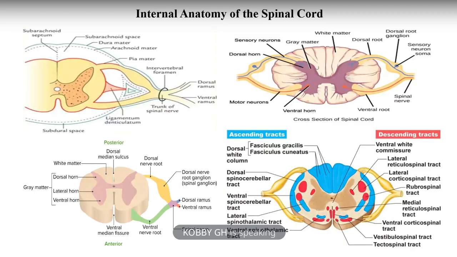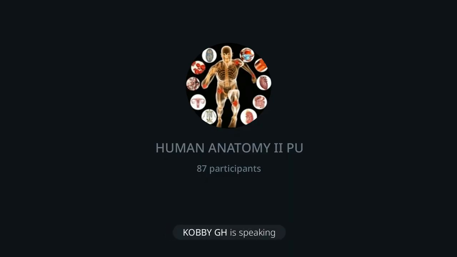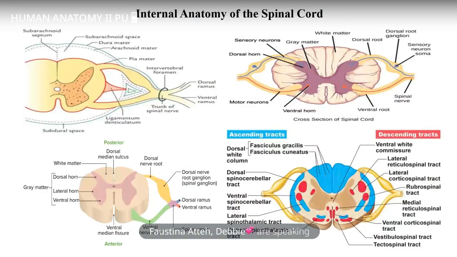The white matter. Now, when you come to the gray matter, what forms the gray matter? What did I say? What forms the gray matter? The neuron cell bodies.